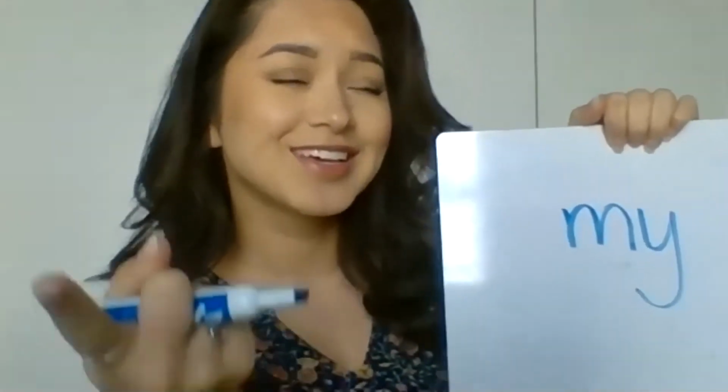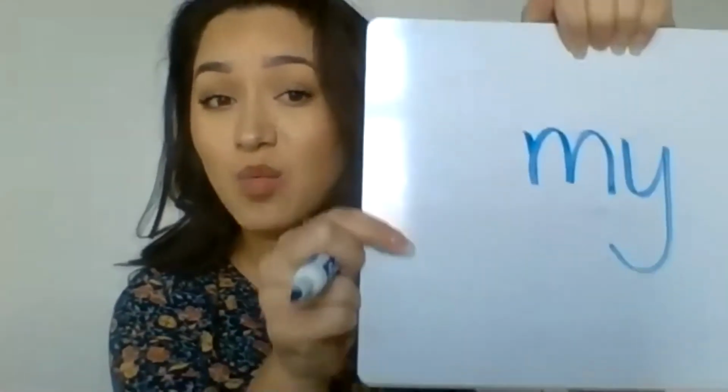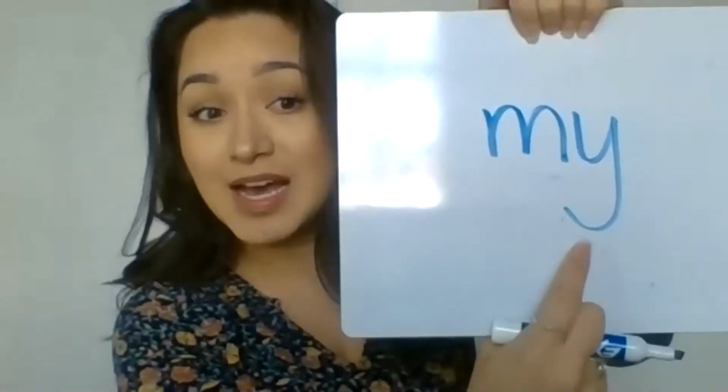If the Y comes at the end of a one-syllable word, it says a long I sound. I'll repeat that one more time. If the Y comes at the end of a one-syllable word, it says a long I sound. It says a long I sound. In this case, my is a one-syllable word because we have that one vowel.